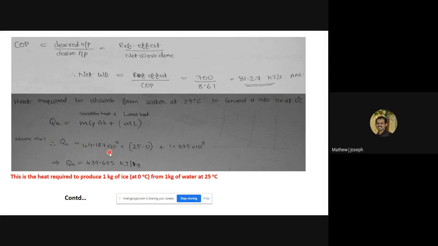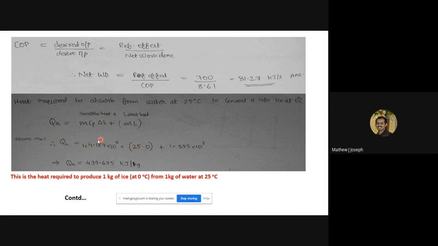It is in kilojoules, so we have to multiply it by 1000 to convert to joules. Then delta T is the temperature change happening to the liquid water. It was initially at 25 degrees Celsius, and we need to transform it to liquid water at 0 degrees Celsius. So delta T is 25 minus 0.